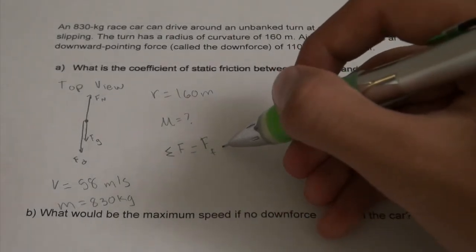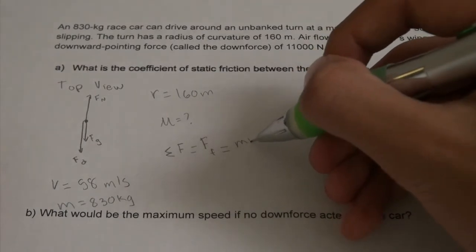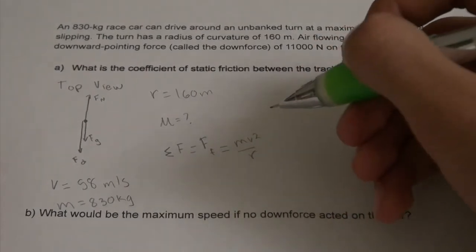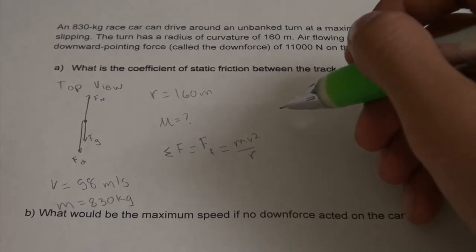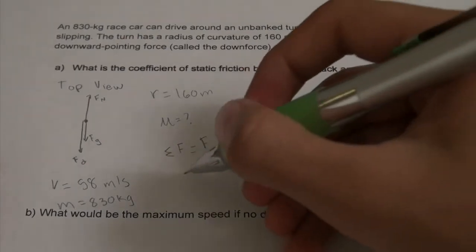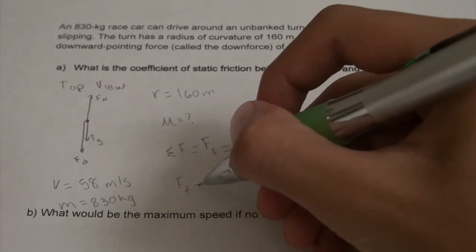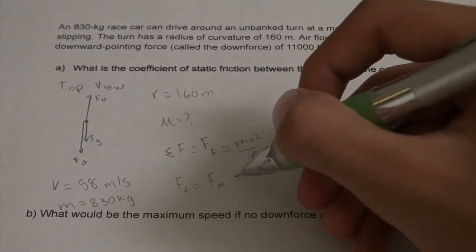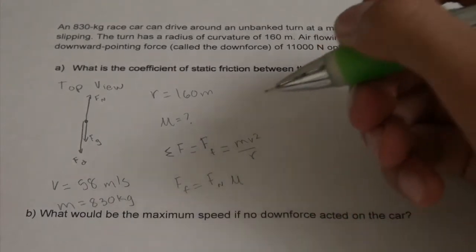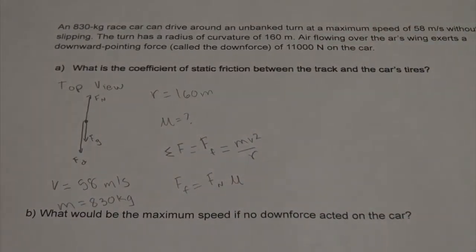We also know that F of c is equal to mv squared over r, which is the equation for centripetal force. We also know that force of friction is equal to force normal times the static coefficient or kinetic coefficient of friction.